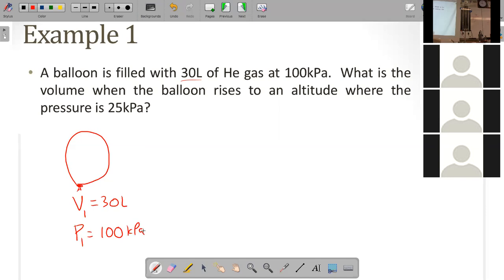So the starting pressure is 100 kilopascal. Now, if the balloon goes up into the atmosphere, atmospheric pressure is lower higher up because there's less atmosphere pushing down. So if there's a mountain or whatever, and this balloon goes up to a higher altitude, the pressure is lower. Do you think it would expand or get smaller?